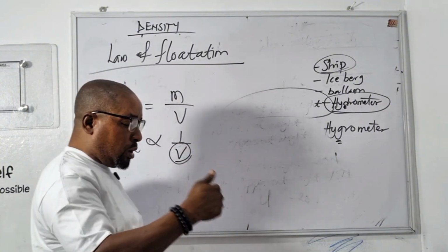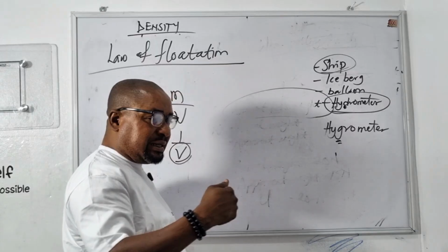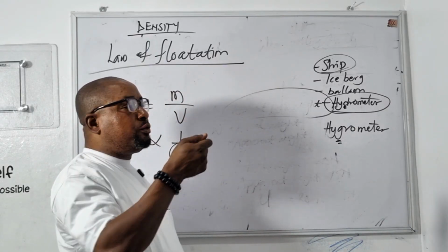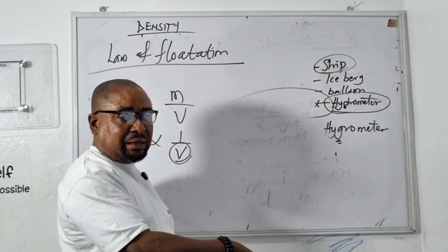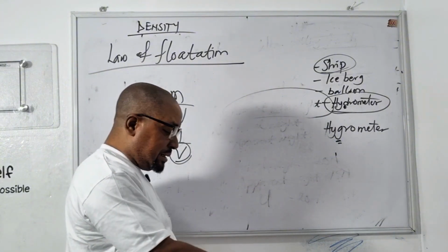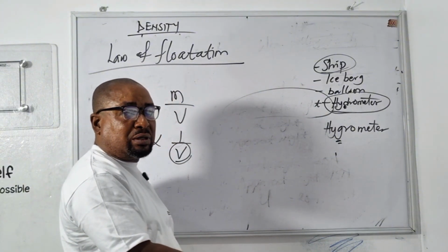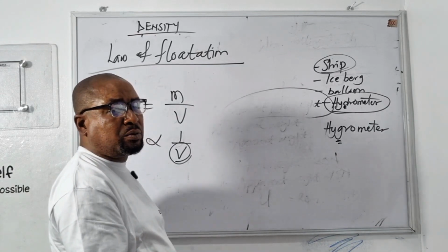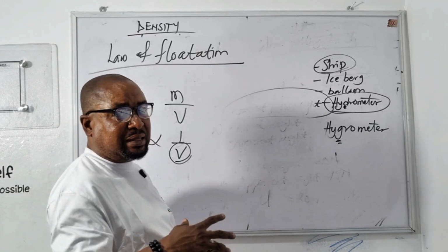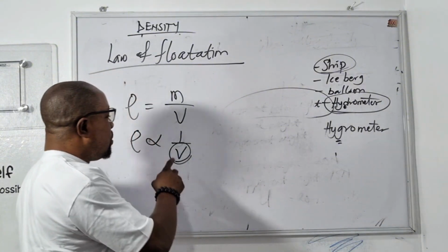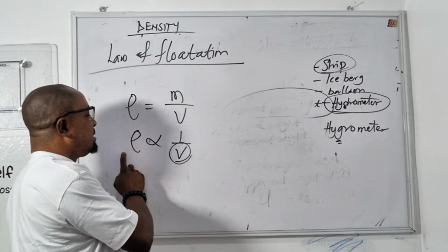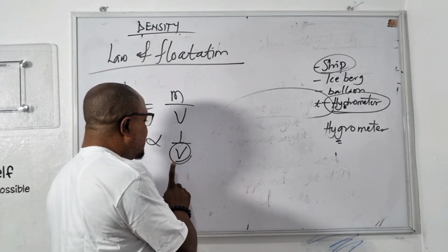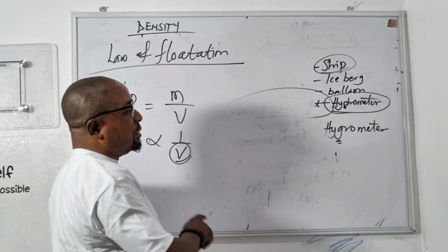So if you take a plastic cup, you take water from a container, you freeze that water, and you drop it inside the same container where you took it, that ice block that is formed will float. Why is it floating? Because it has expanded. Once the volume increases, the density will decrease. It's a law.